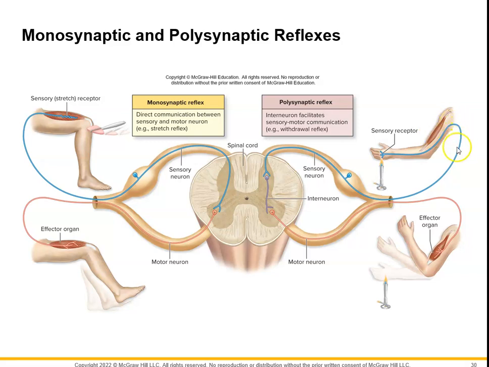The sensory neuron detects it, runs through the sensory root of the spinal nerve, into the gray matter, where it synapses with an interneuron, that's one synapse. The interneuron then synapses with the motor neuron, that's two. The motor neuron then causes an action, okay? So that is polysynaptic because there are two synapses.